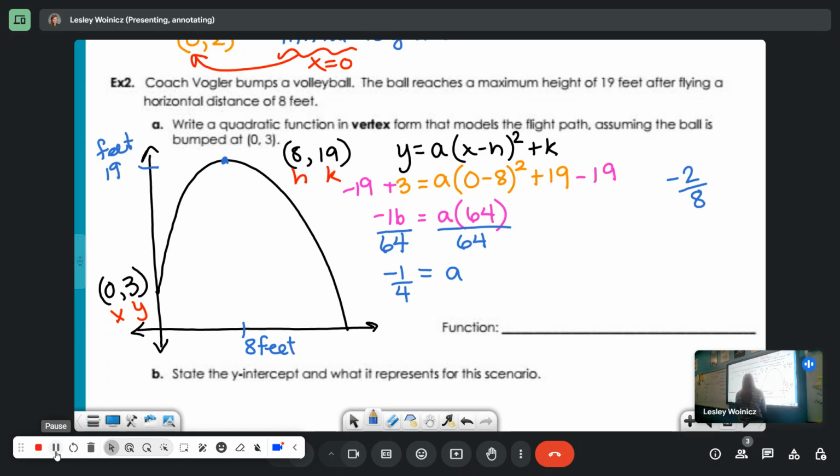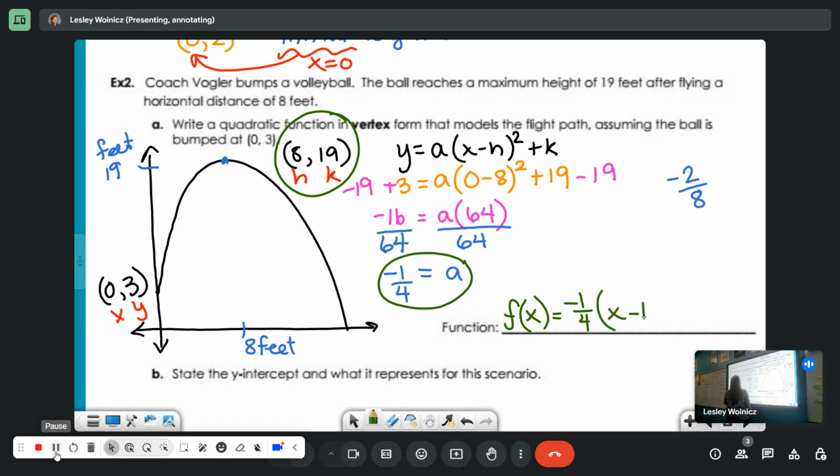Okay, now I'm going to write my functions. I know my a value, I know my h and my k, so I know that it's going to be something like f of x equals negative 1/4 times x minus h. Whoops, what's my h? H is 8. 8 squared plus 19.